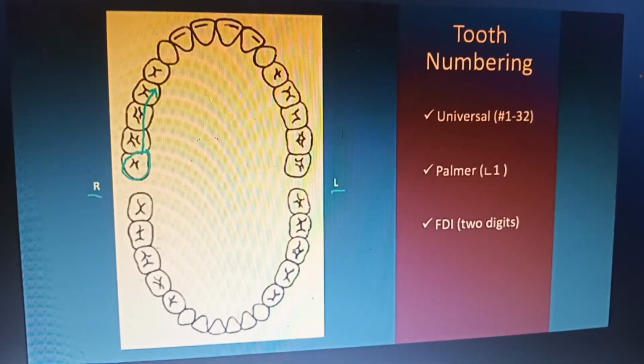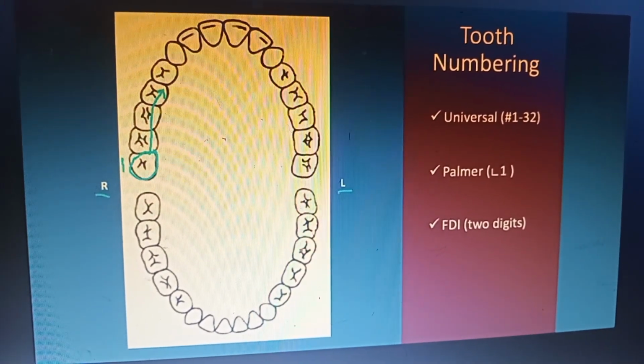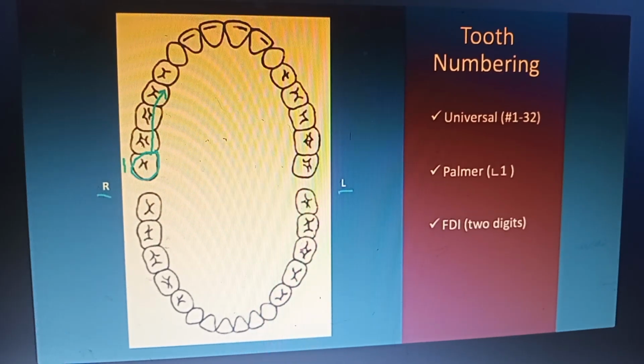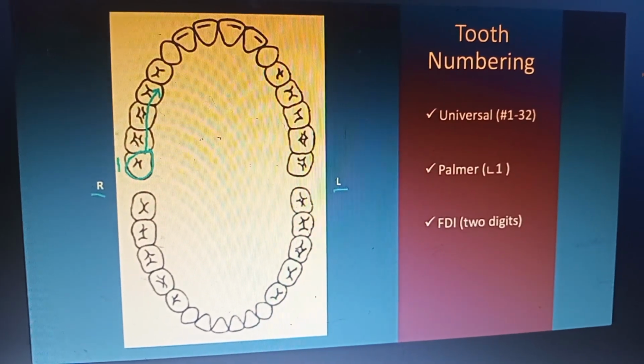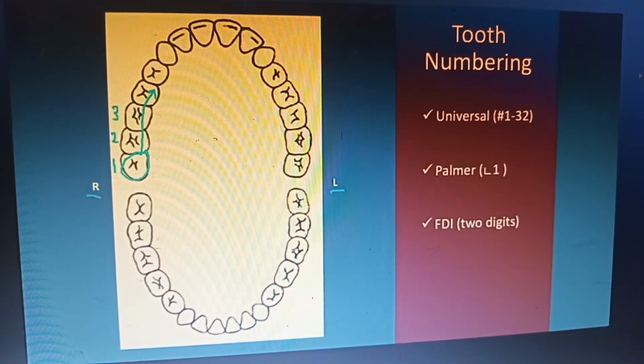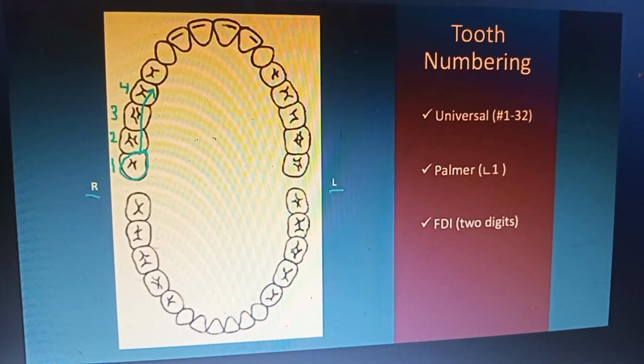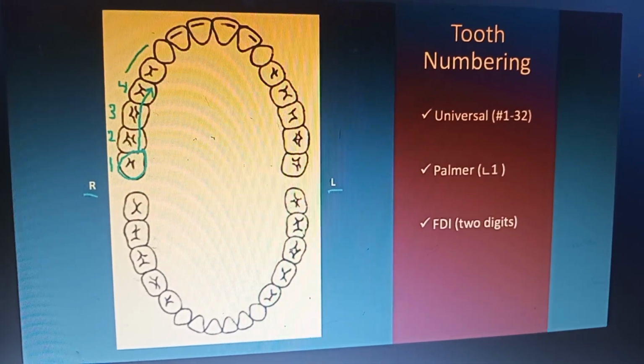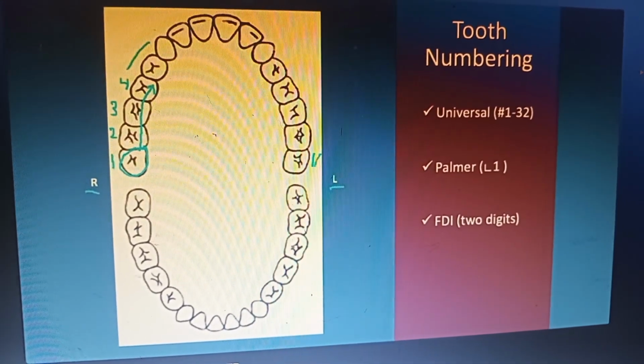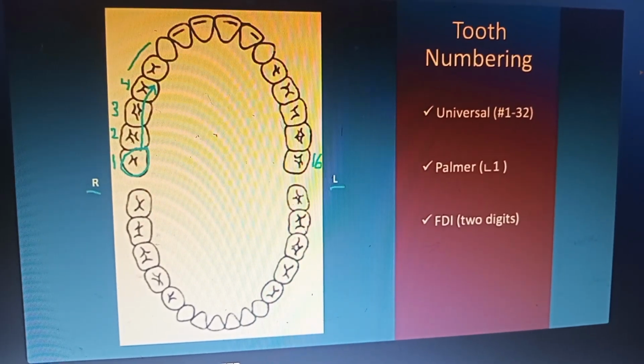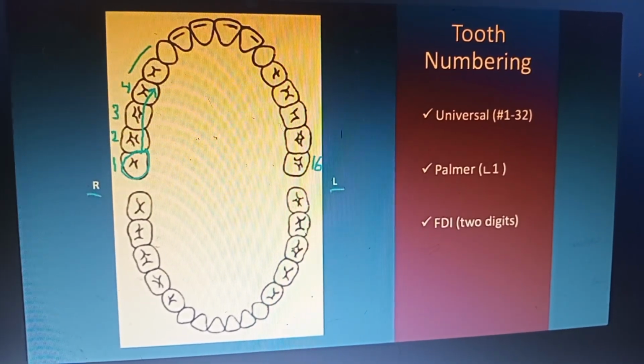So tooth number one is right here, and that's the upper right third molar. Then we just go in order from there. Tooth number two, number three, number four, and so on. So we'd go around the upper arch until we got to this tooth over here, which is the upper left third molar, tooth number 16.